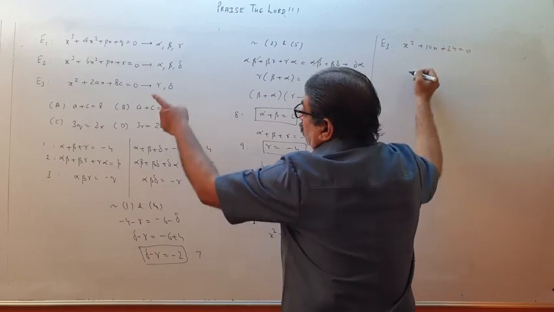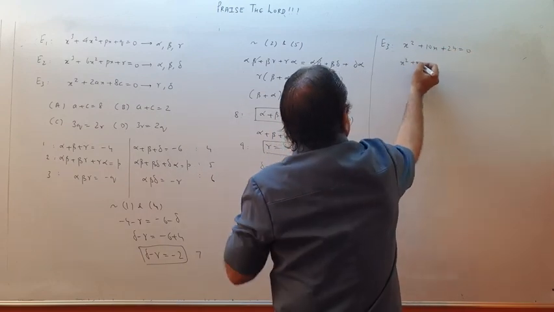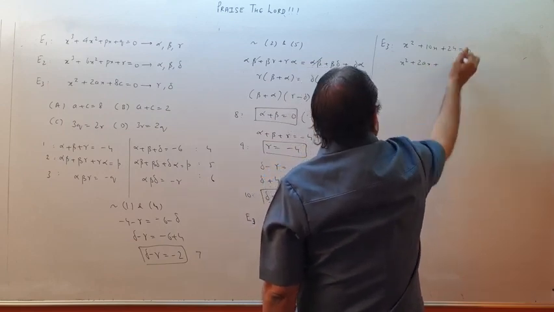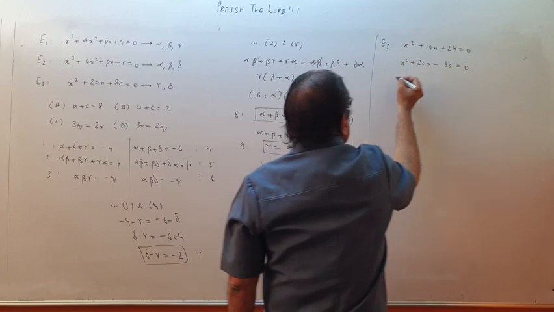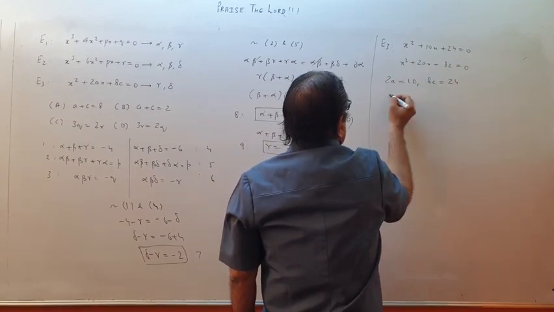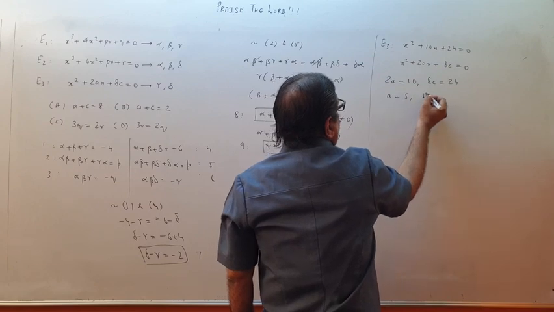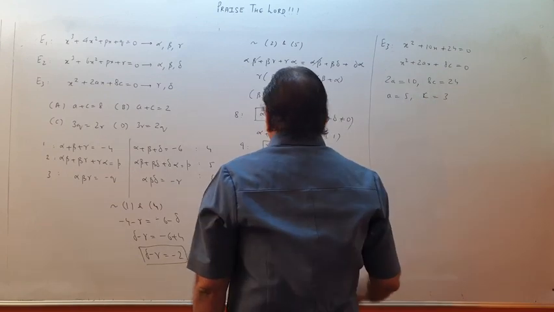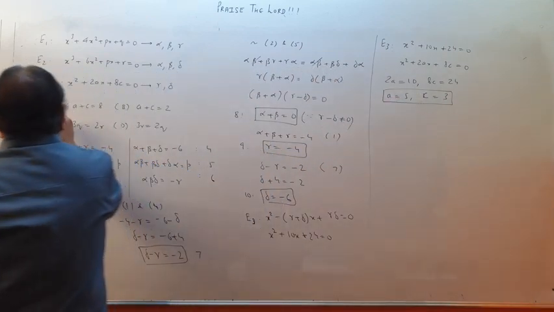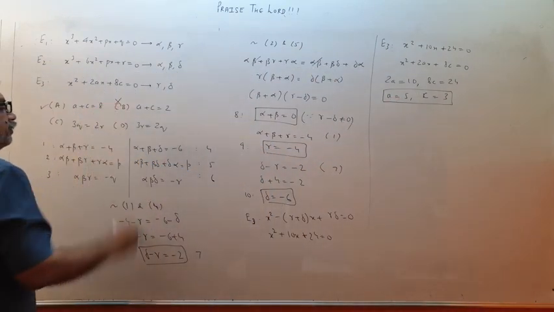And what is E3 given to us? x square plus 2ax plus 8c. So on comparison, 2a is 10, 8c is 24. A will be 5 and c will be 3. So a plus c can be 8. So option A is correct, option B is wrong.